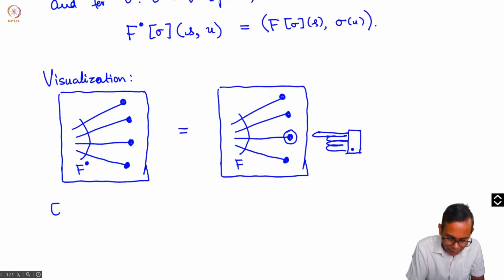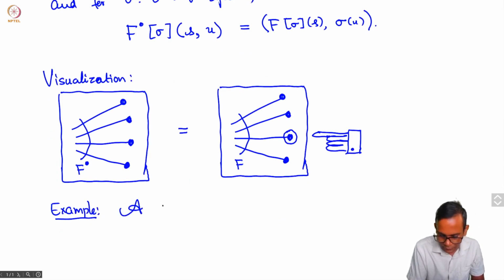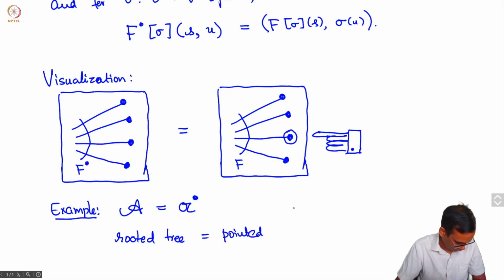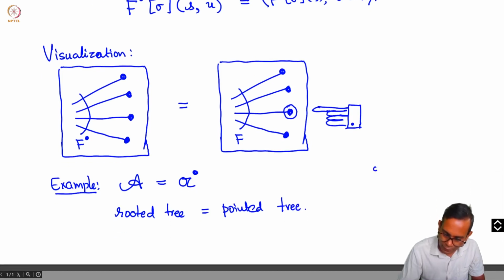To give you a concrete example, a rooted tree is just a pointed tree. For example, if you just have some tree like this, and I point at one point, then I can take that point as the root and redraw the tree so that that is the root.